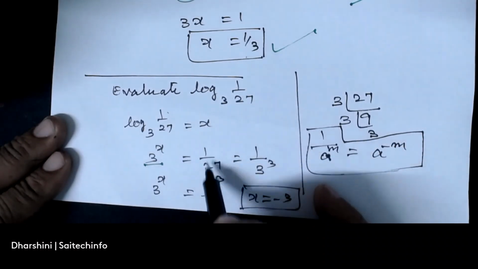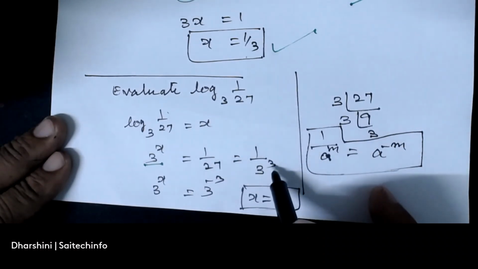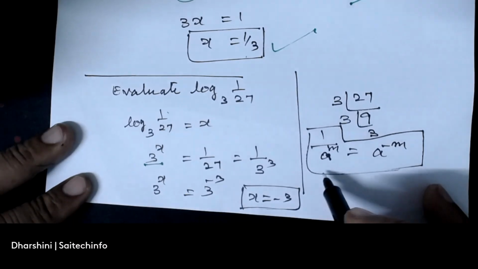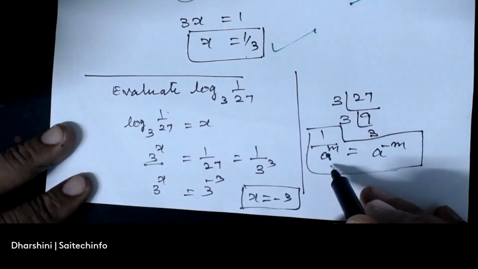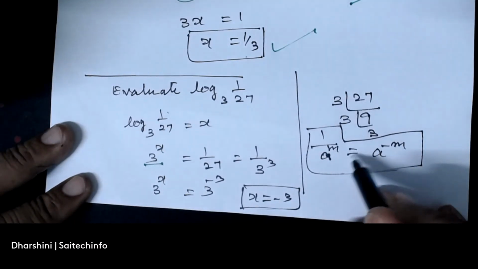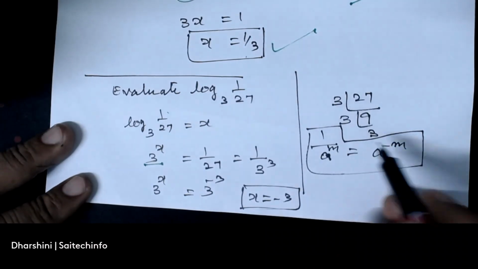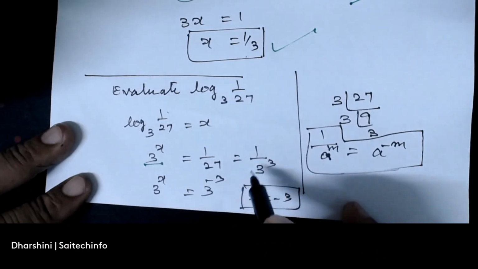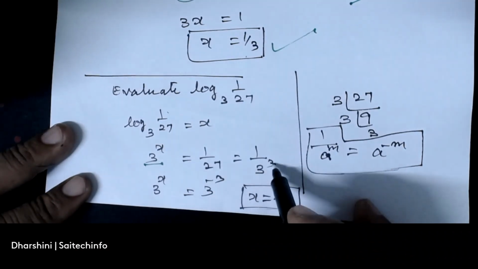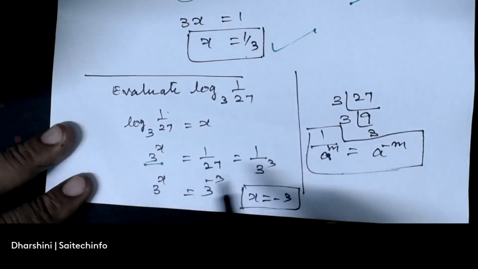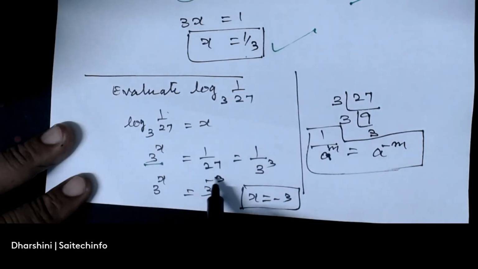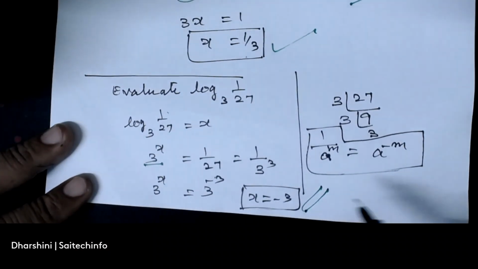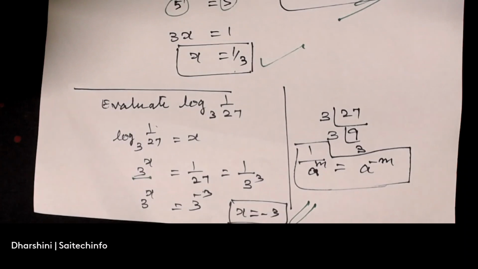So 1 by 27 means 1 by 3 cube, and you can apply the inverse operation, 1 by a power m is equal to a power minus m. So 1 by 3 cube is equal to 3 power minus 3. So 3 power x is equal to 3 power minus 3 means x is equal to minus 3, right? Now let us move to the next sum.